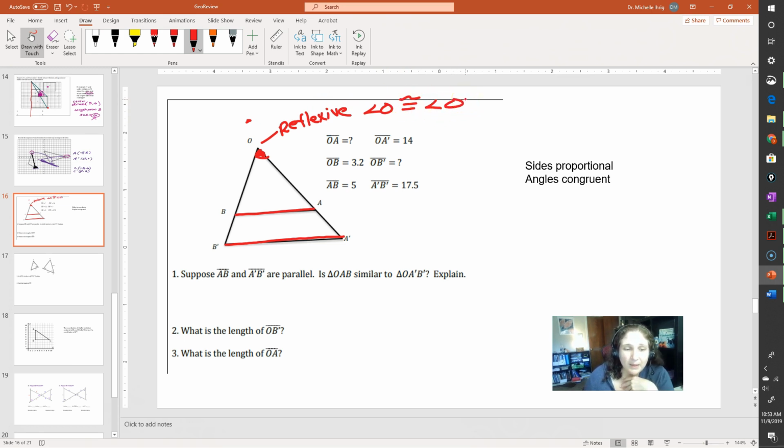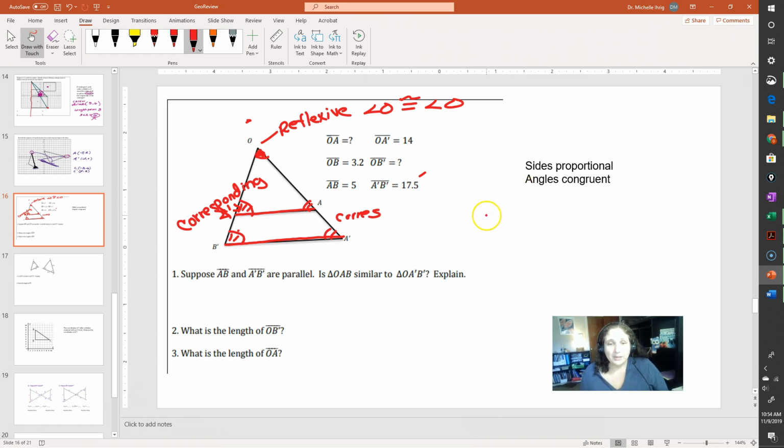Okay. Here we already talked about that when we have angle B and angle B prime, we know that these are corresponding angles. So that makes those angles congruent. And then the same would even be true over here. A and A prime are also corresponding. So because angles are congruent, we know that they're proportional.